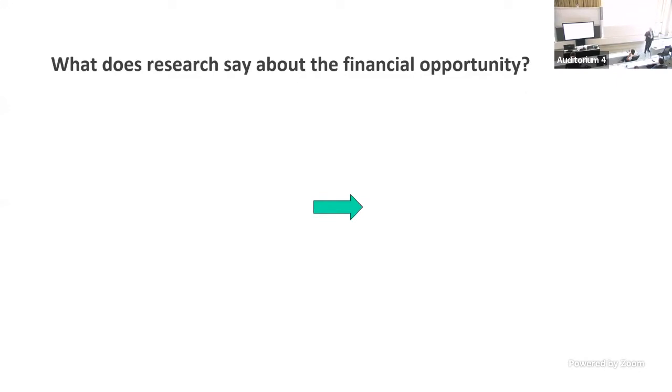I'm an academic. I do research, and I'm going to apologize on behalf of all researchers in this field, because this is not a pretty picture. We do not know that much about it. Theoretically, and I think most people agree with this, this should have to do with the cost of capital.